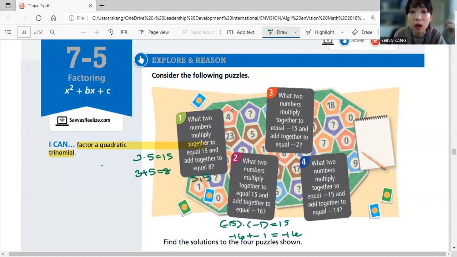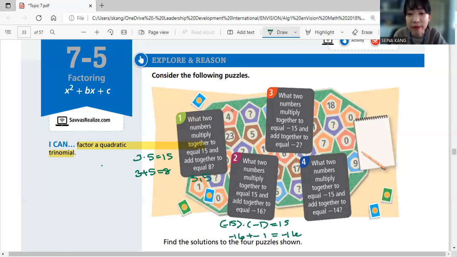Number 3, what two numbers multiply together to equal negative 15 and add together to equal negative 2? So the same thing. We're multiplying them, but now the product is negative 15 instead of positive. And so one of them has to be a negative number, and they need to add up to negative 2. So 15 and 1 will not add up to negative 2.